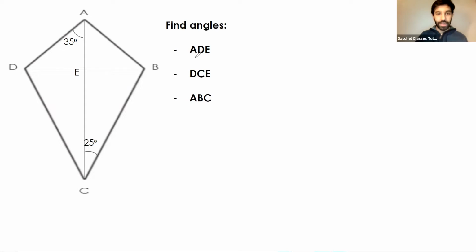So now we said angle ADE is 55 degrees. Now we need to find DCE. So what we want is D to C to E. So the angle that we're looking for is this one here, the middle angle.